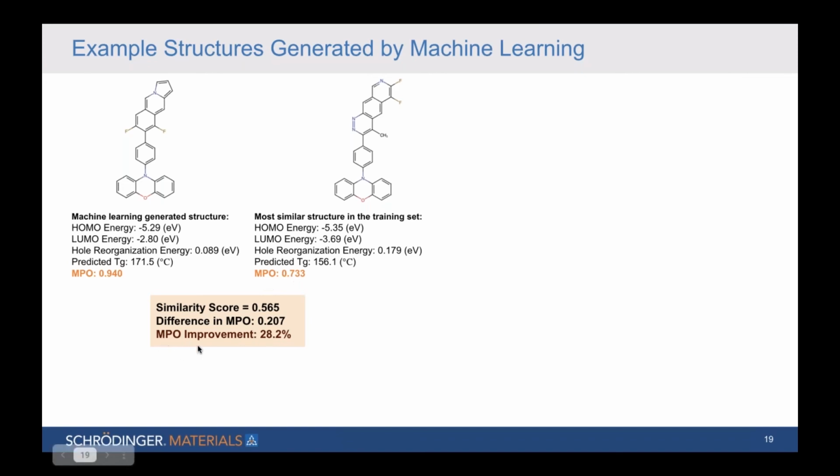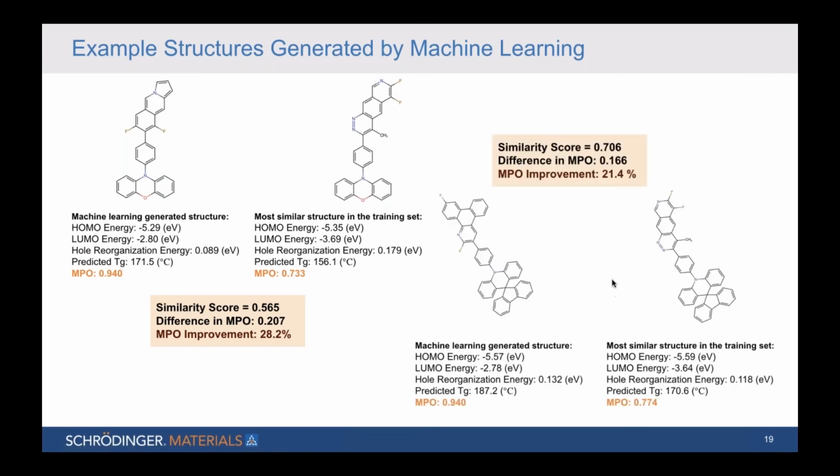The MPO improvement in this case is over 28%. And here's another pair, similar story. On the left is the machine learning generated structure, on the right is the nearest neighbor in the training set. And again, we see an MPO improvement of over 21%.